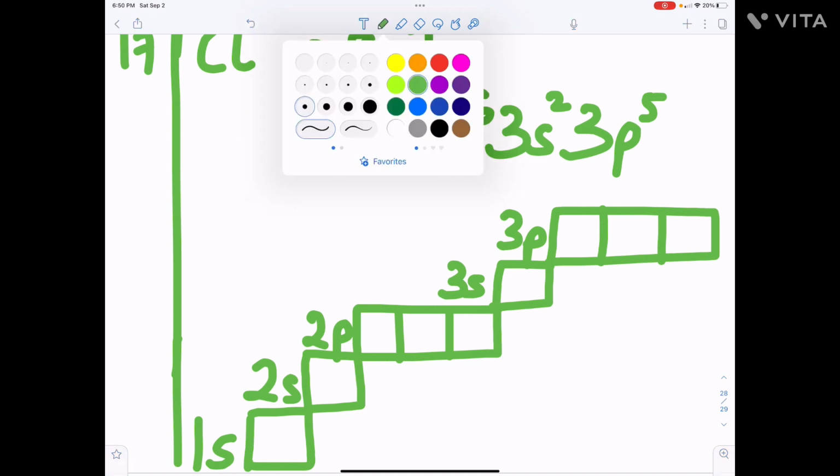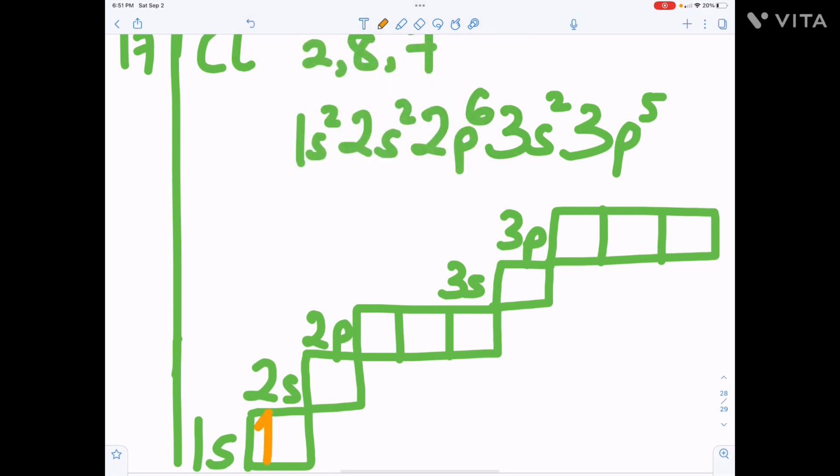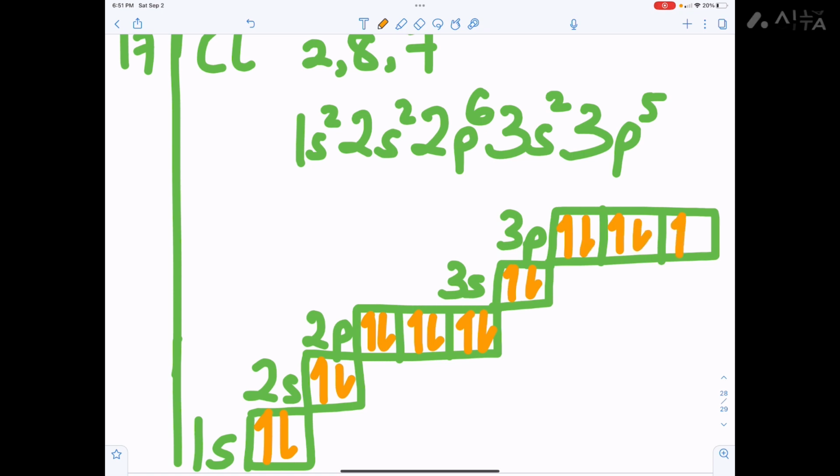So let's put electrons there. 1s2, 2s2, 2p6, 3s2, 3p5. 3p5, 1, 2, 3, 4, 5.